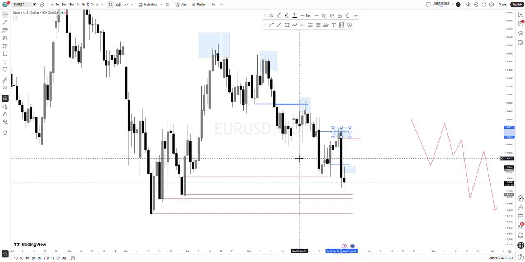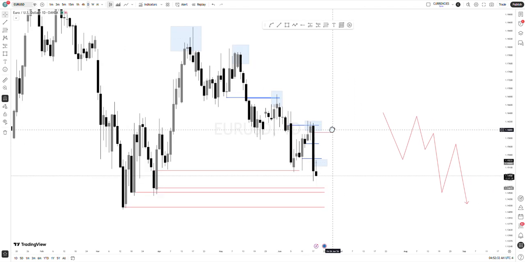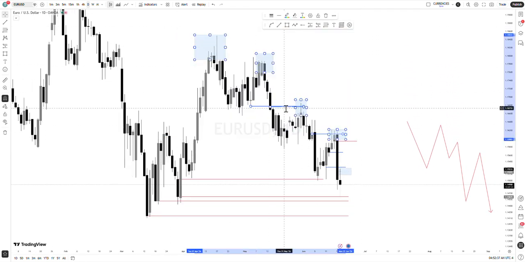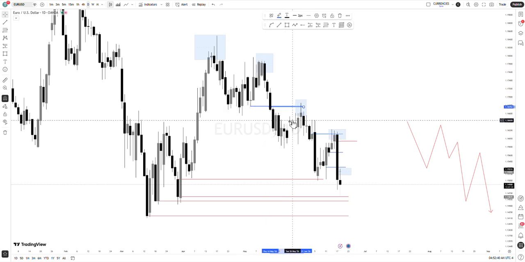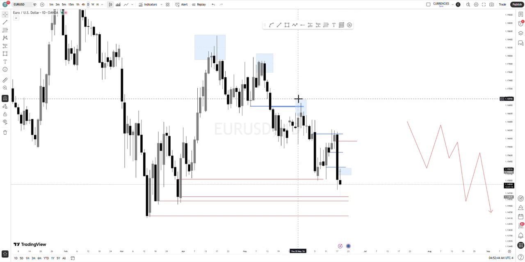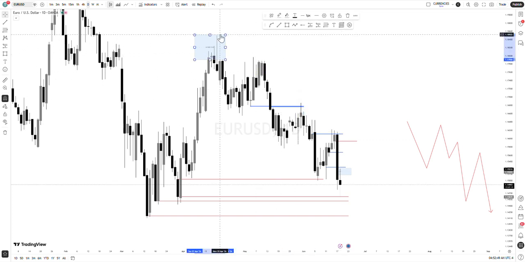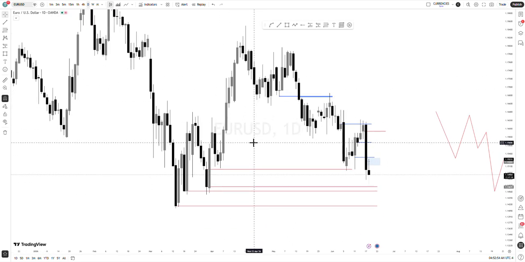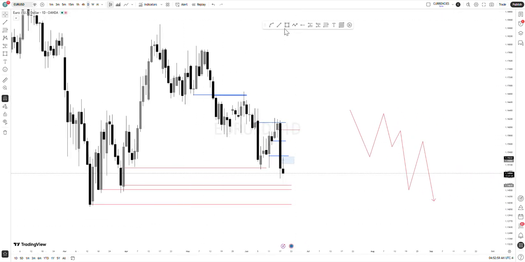Do you understand that? Every swing that we will see, at every swing, what we'll be expecting to see is, do we have a two candle formation, something like this?